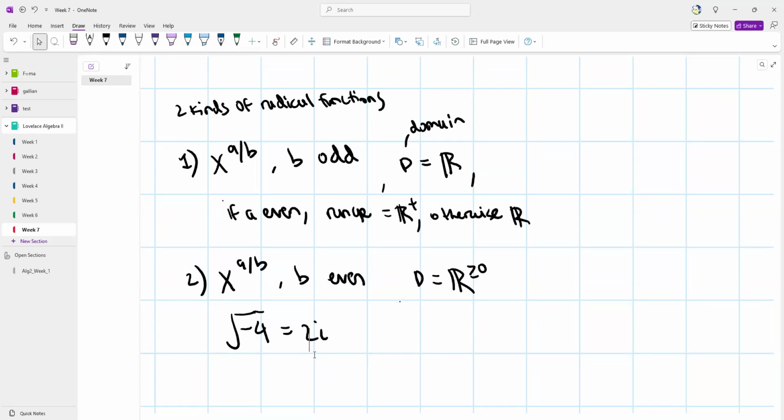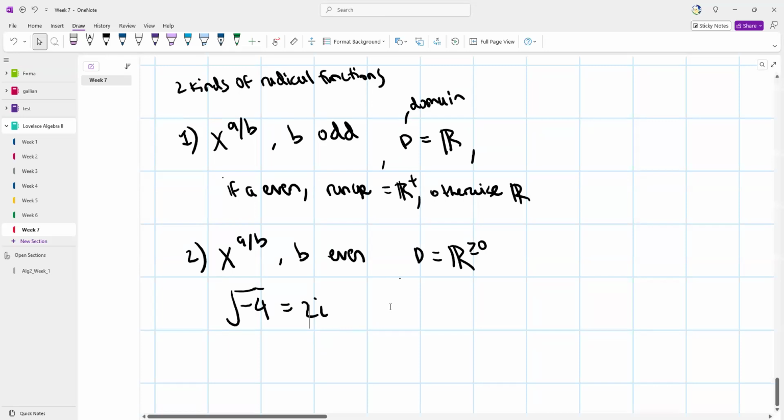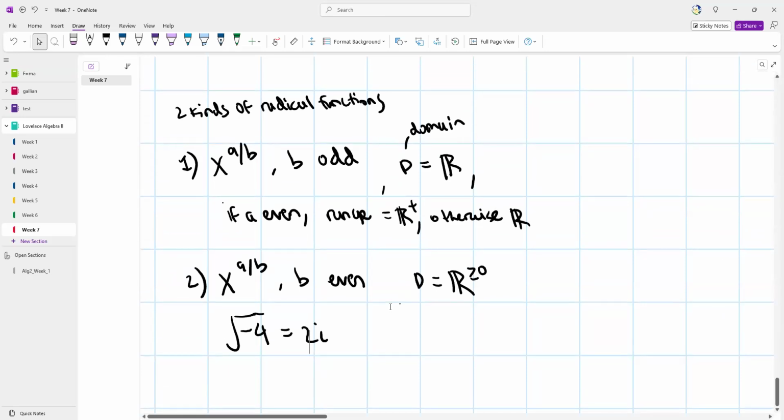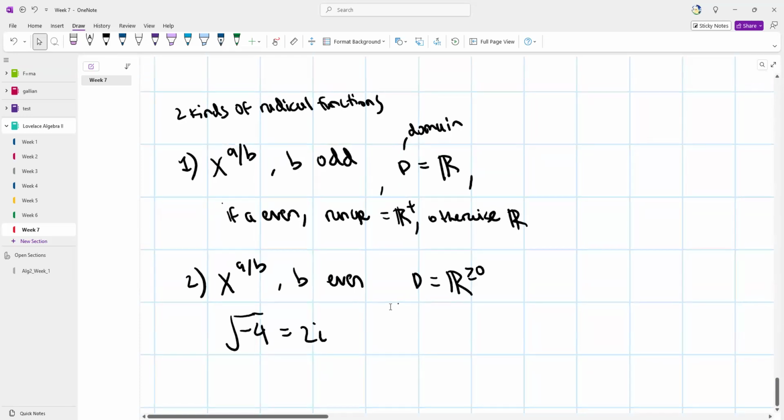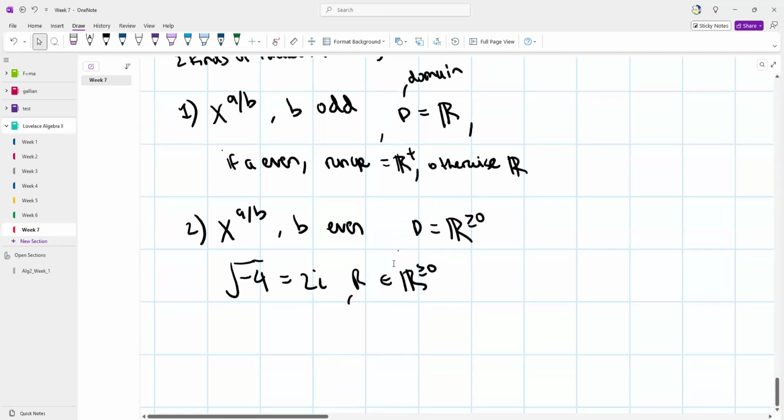But this is not possible because the y-axis only has one, which is itself, right? So we can't really have complex numbers. So yeah, those are two kinds of radical functions. And oh yeah, the range is also in the reals, positive reals. Okay, so with that in mind, we have to be very careful when solving certain types of radical functions.